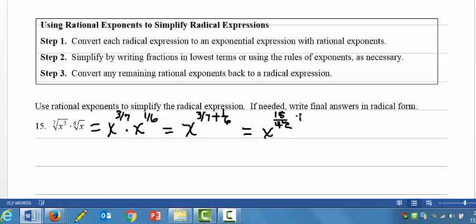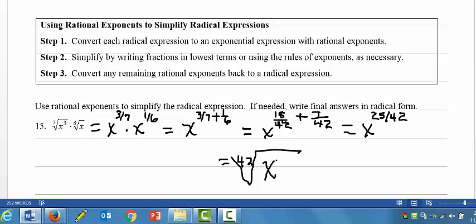And I'll multiply 1 over 6 times 7 over 7 to get 7 over 42. So this is x to the 25 over 42, which is the 42nd root of x to the power of 25.